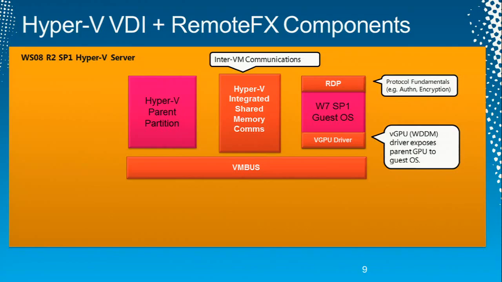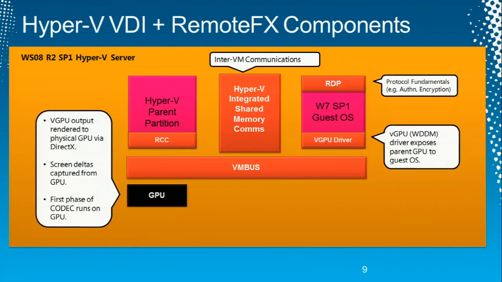So at any point in time, if you've exceeded the number of GPU resources and you try to start a VM, the VM will not start because you just don't have access to that graphics adapter anymore, because it's full. It's already been allocated for the other folks. So the lifecycle management is also done with our Hyper-V integration.